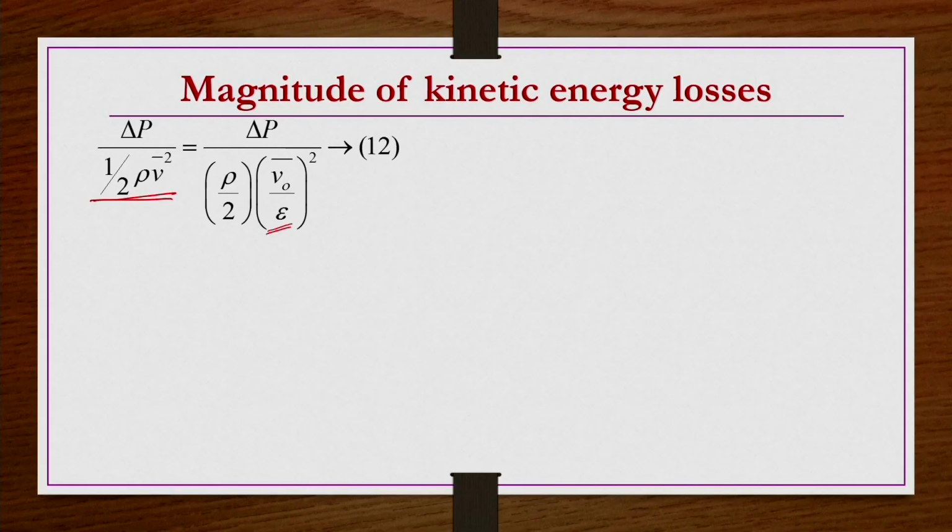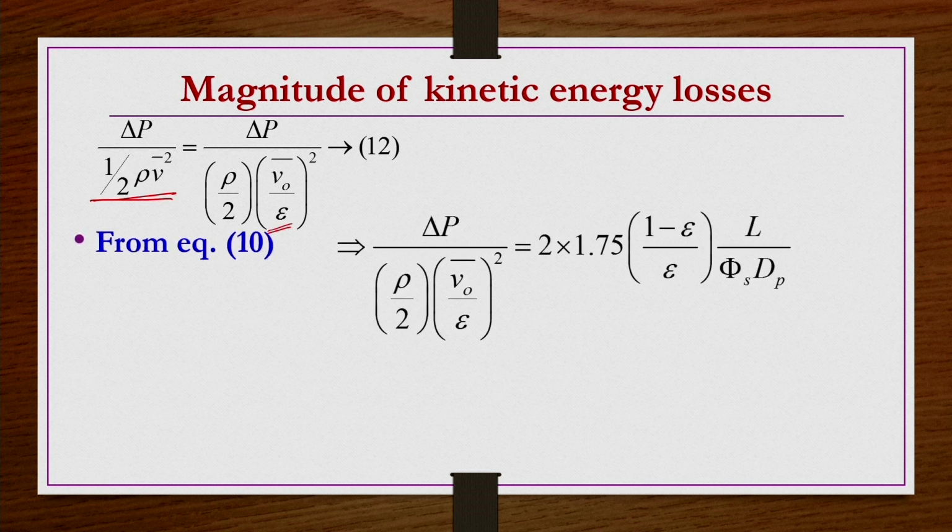Now, in equation number 10, the pressure drop at high Reynolds number, that is the Burke-Plummer equation, we rearrange such that if we divide both sides by rho by 2 into V naught bar by epsilon whole square, we get the magnitude of the kinetic energy losses in the pressure drop calculation for flow of a Newtonian fluid through packed beds.